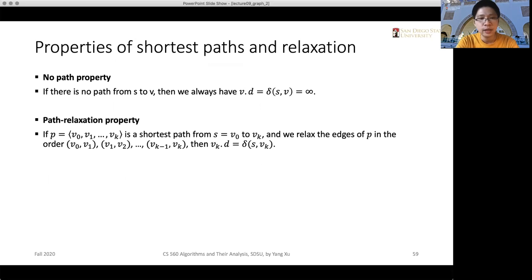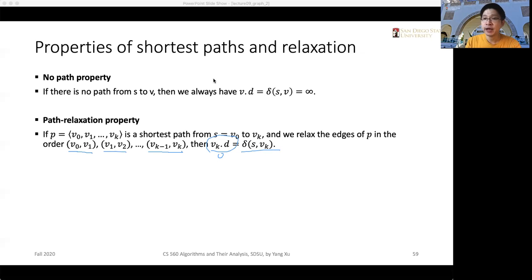So if a path from V0 to Vk is the shortest path from the source, and we relax the edges along this path in order, from V0 to V1 first, and then from V1 to V2, until we reach the last edge from Vk minus 1 to Vk, then we must have that the d property for Vk is the theoretical shortest path weight from S to Vk.